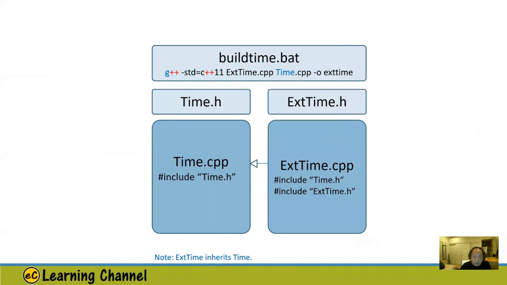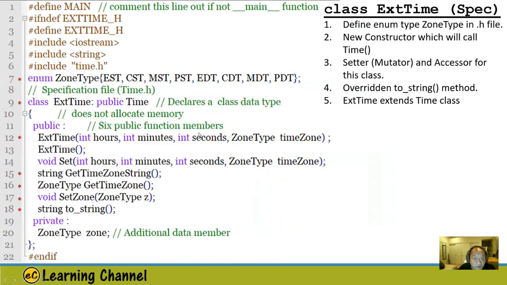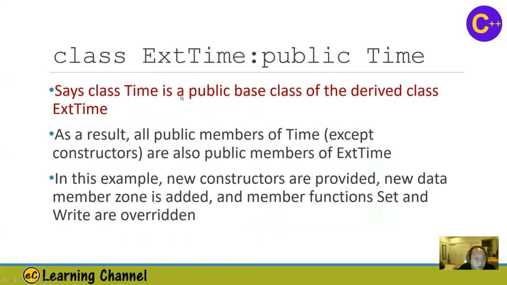So when you do, if this EST time is inheriting time, you just need to include both of them into your CPP file. Okay, you need to include both time and extended time over there. So that's fine. And now that's time.